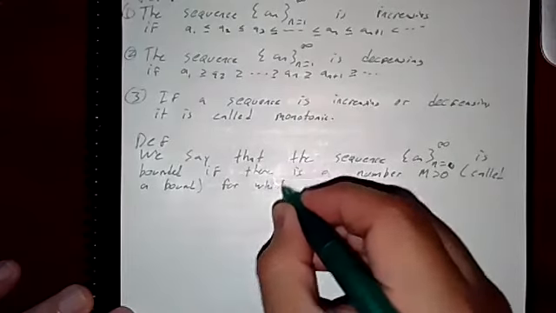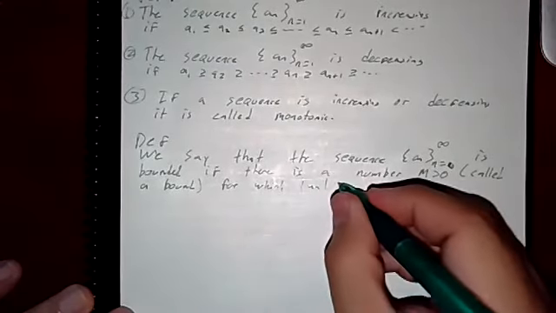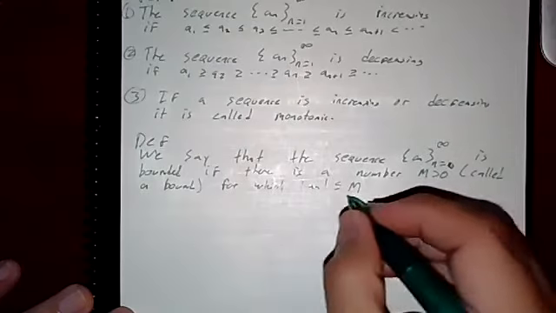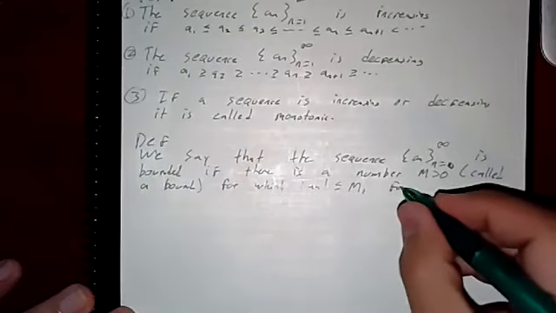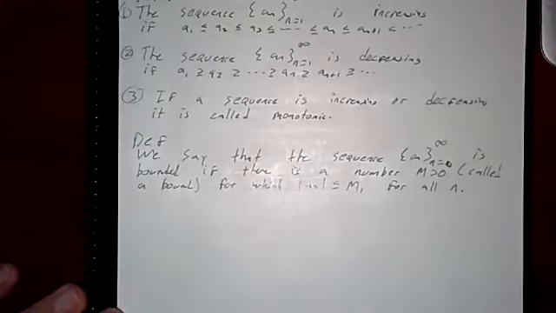for which a sub n is less than or equal to capital M for all n. So basically, there's this upper bound that it will never surpass.